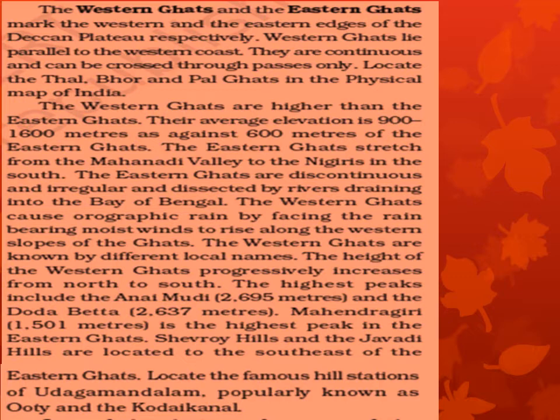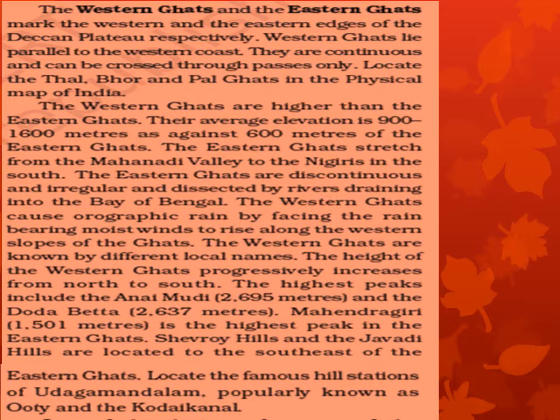Eastern Ghats stretch from the Mahanadi Valley to the Nilgiris in the south, and they are discontinuous and irregular and dissected by rivers draining into the Bay of Bengal. Now these Western Ghats cause orographic rain by forcing the rain bearing moist winds to rise along the western slopes of the Ghats.